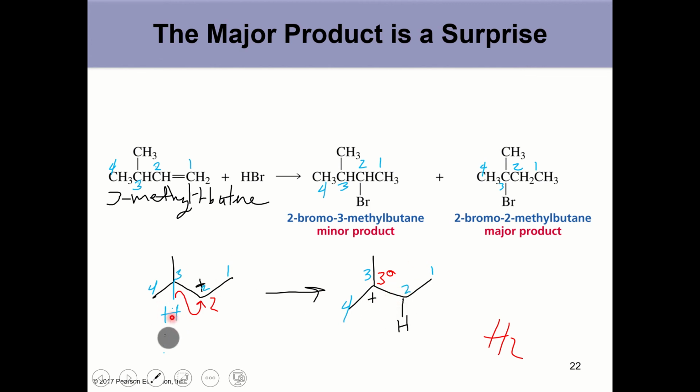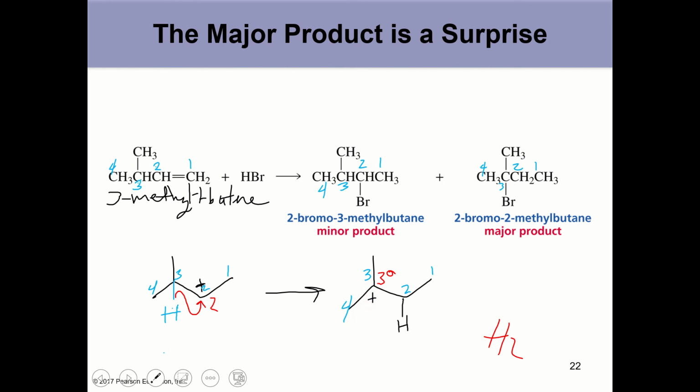So when that hydrogen shifts, as shown, to carbon 2, we now only have 3 bonds at carbon 3, which results in a tertiary carbocation at that position. This tertiary carbocation will react with bromide ion to form the major product. And the reason that this shift occurs is to form a more stable intermediate carbocation.